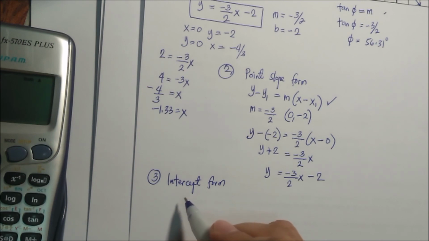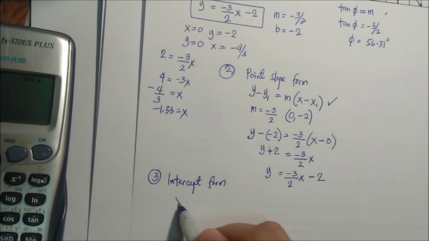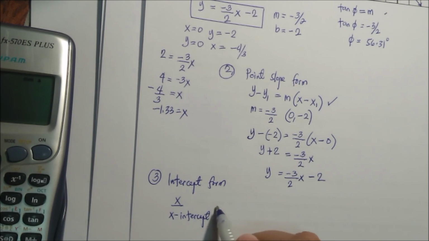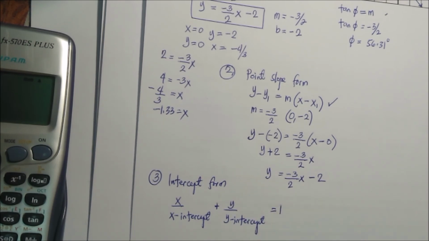If given the x and y intercept of the line, our equation will be x over the x-intercept plus y over the y-intercept, that is equal to 1.